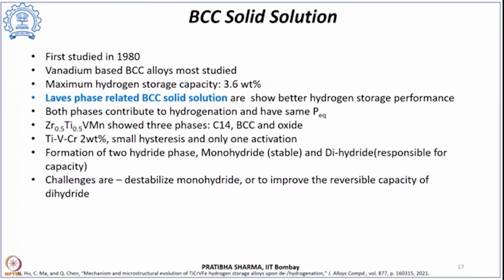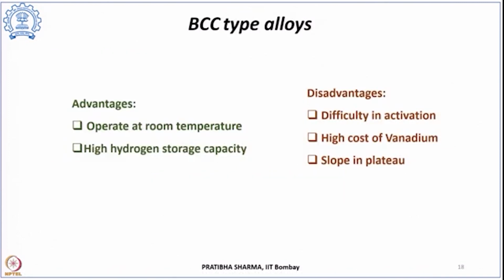So, the major challenge that remains is to destabilize this monohydride phase and to improve the reversible capacity of the dihydride phase. The advantages of BCC solid solutions are that they operate at room temperature and have very good hydrogen storage capacity, but the problems are that they are difficult to activate, vanadium has a higher cost, and there is a slope in the plateau.